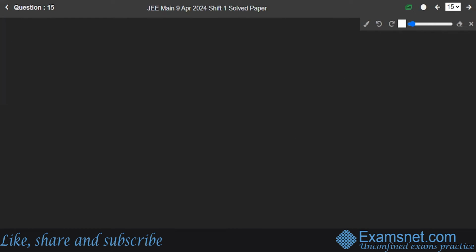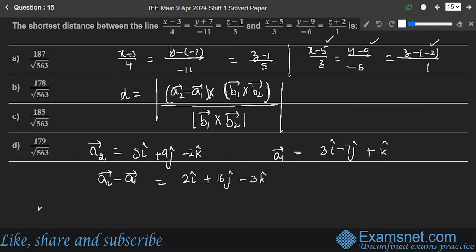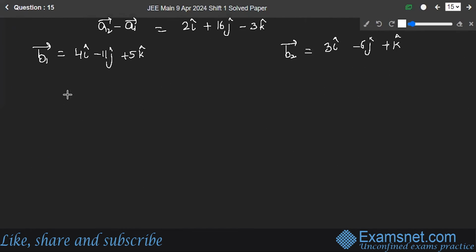From here, the B1 vector will be given by 4i minus 11j and 5k, and the B2 vector will be 3i, minus 6j and k. Let's find out the cross product of B1 and B2.